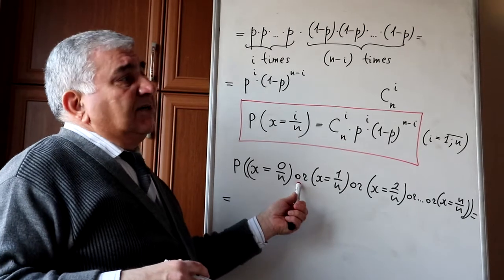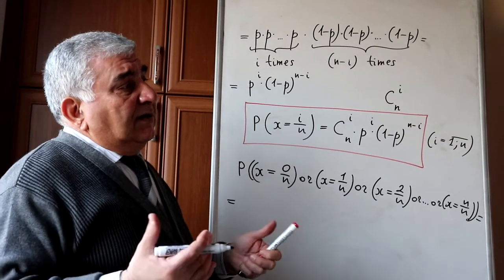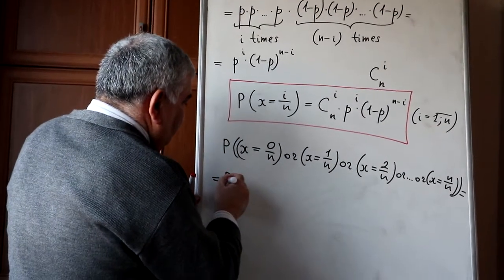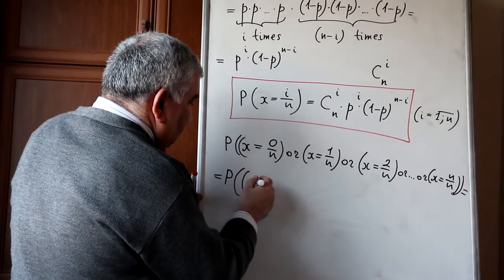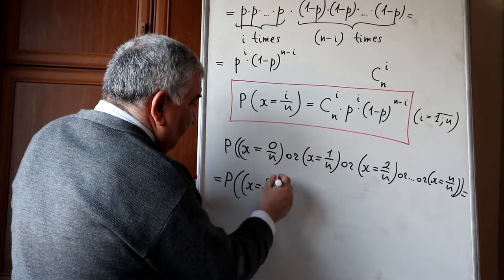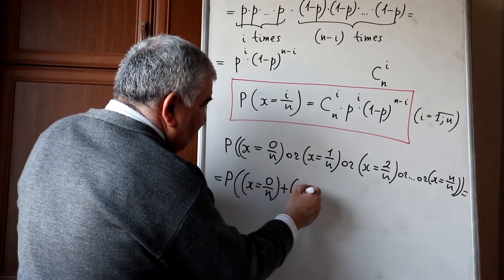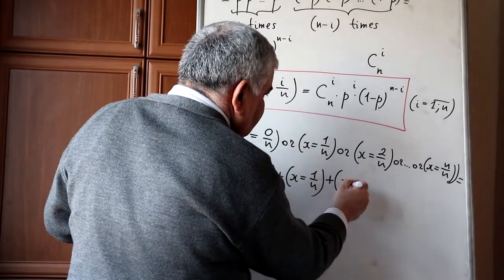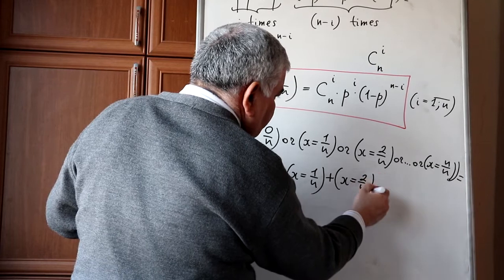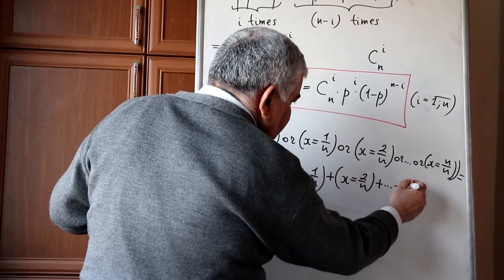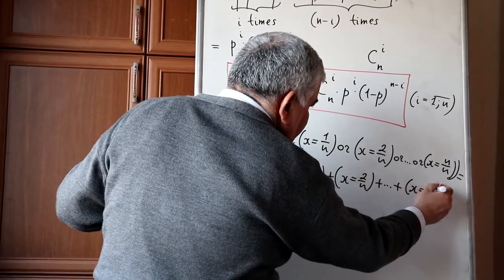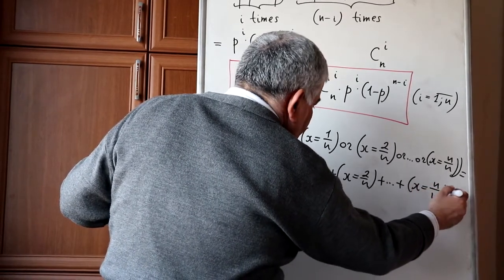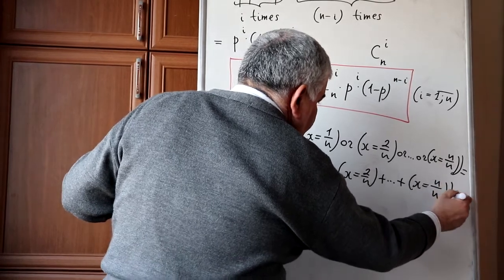Therefore, we can change or by the sum symbol, addition symbol: P of x equals 0 over n plus x equals 1 over n plus x equals 2 over n plus etc. plus x equals n over n, equals.